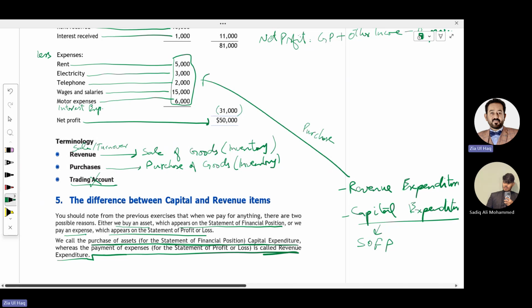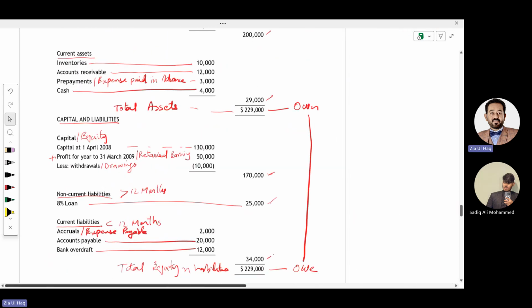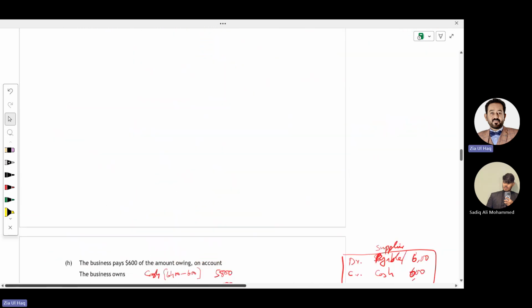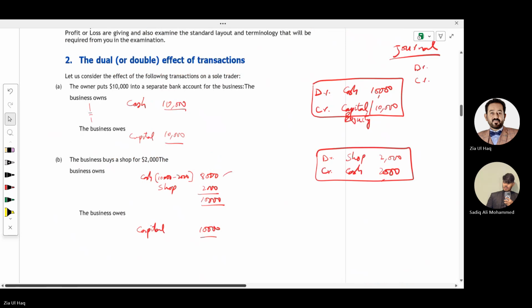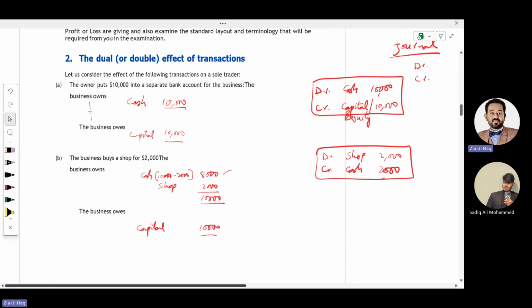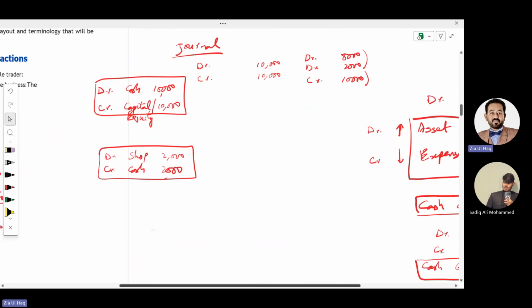So what have we covered so far? We have covered how to make an accounting entry for a transaction. Every accounting entry should have a debit as well as a credit side. And this debit and credit side should always be equal.